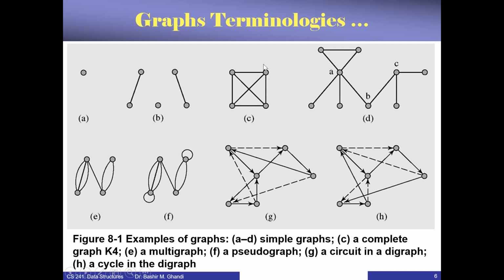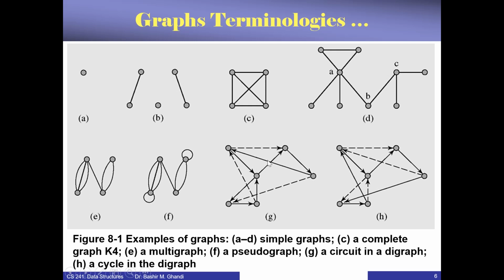Okay, so this is also an example of a graph. It has a special name. We will talk about it in a moment. So as you can see, figures A until D, they are all undirected graphs. The edges have no particular direction. However, graphs G and H are examples of digraphs, or directed graphs, where each edge has a direction.